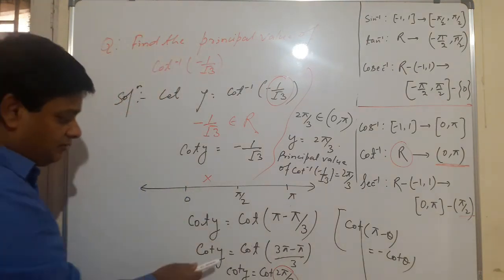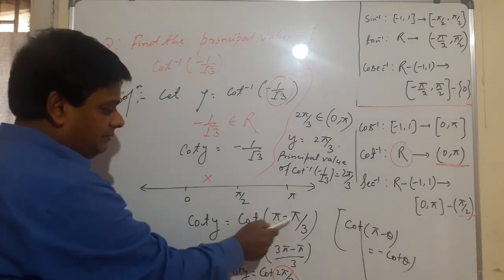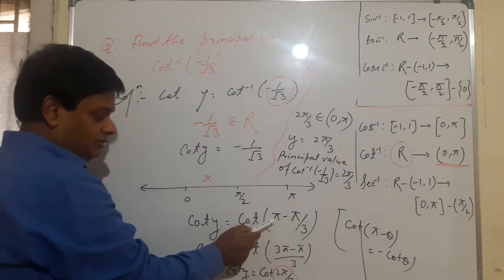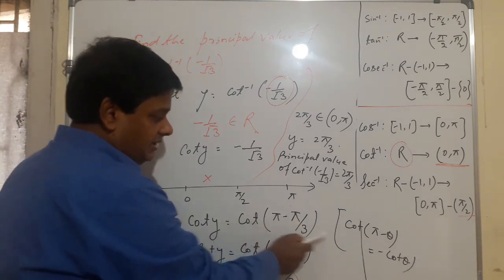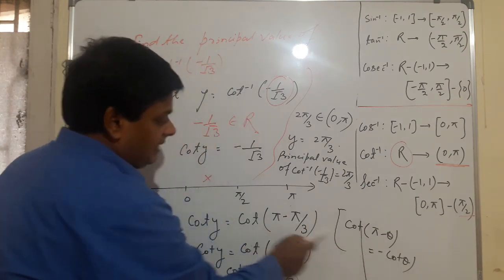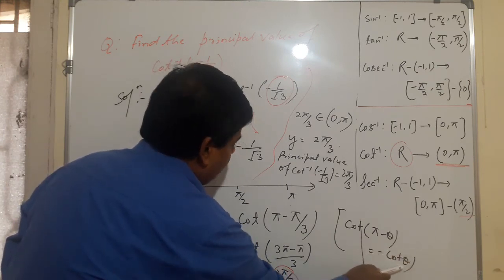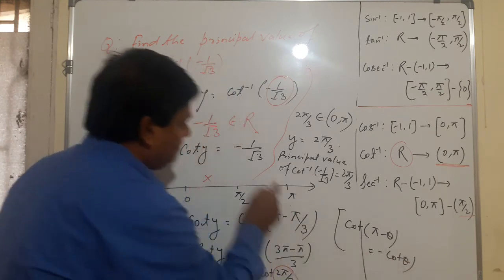So cot y equals cot of pi minus pi by 3. We know that cot of 180 degree minus theta is minus cot theta, where theta is pi by 3. So minus cot pi by 3, and cot pi by 3 is 1 by root 3, so minus 1 by root 3.